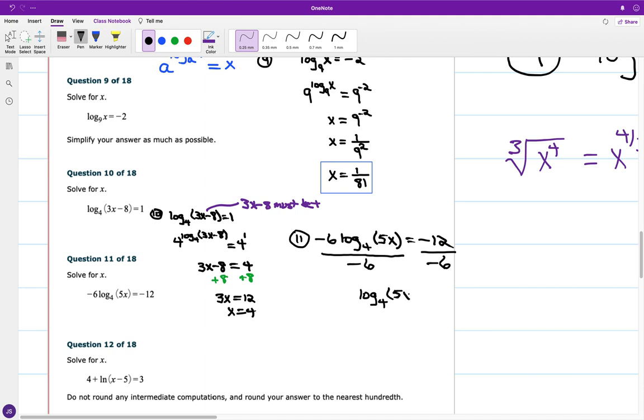of 5x is equal to 2. And once again, we apply the exponential base 4 just to take care of the base 4 logarithmic appearance.